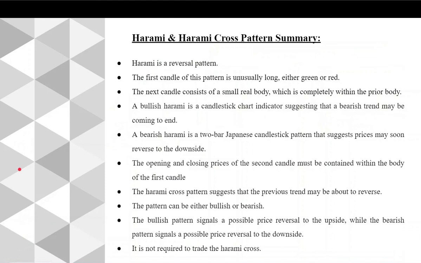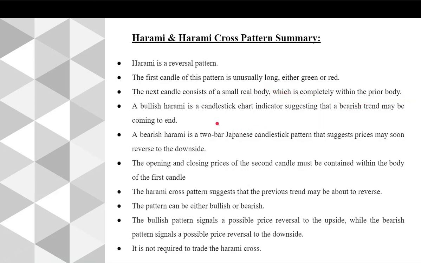Okay, let's summarize what we learned about Harami and Harami cross pattern in this episode. Harami is a reversal pattern. The first candle of this pattern is unusually long, either green or red. The next candle consists of a small real body, which is completely within the prior body.